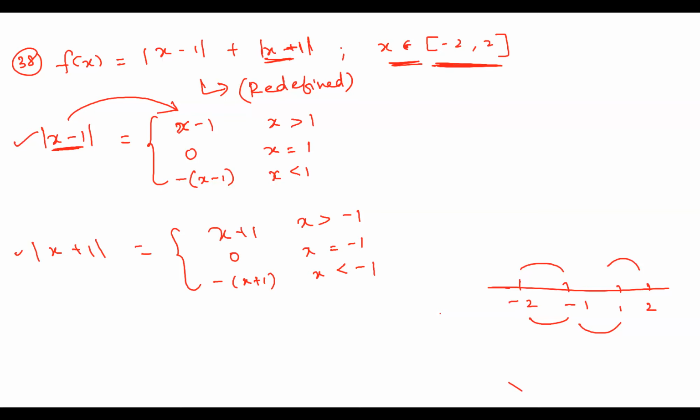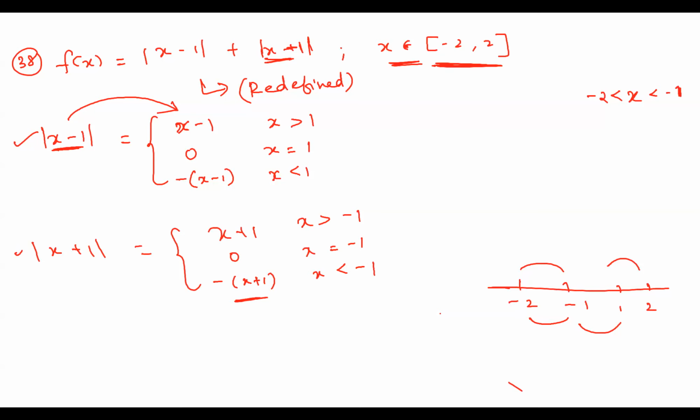So for the value less than minus 1, I'll check the bottom one. When x belongs to minus 2 to minus 1, why did I take minus 2 to minus 1? Because the domain is between minus 2 to 2 and the checkpoints are between minus 1 and 1. So I need to break it like that.